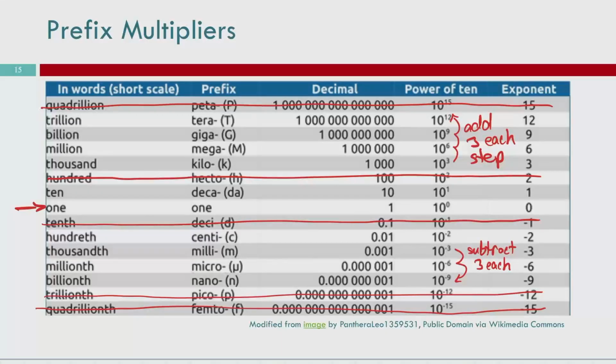I'd also like to point out we've got mega up here, which is an M, and we've got milli down here, which is also an M, but it's a lowercase m. So big M, lowercase m are drastically different. Mega is 10 to the 6. Milli is 10 to the minus 3.